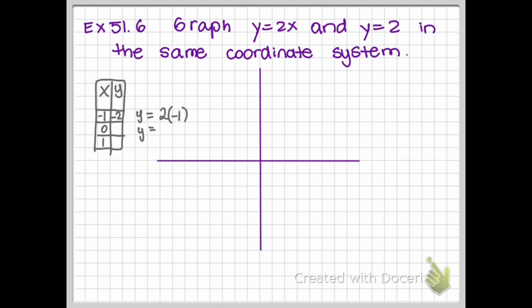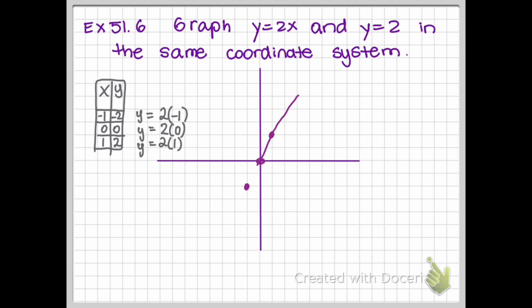Then for 0 is going to be 2 times 0, which is 0. And 2 times 1, which is 2. So we're going to graph that one with this purple. So we have -1, -2 here, 0, 0 here on the center and the origin, and 1, 2 here.